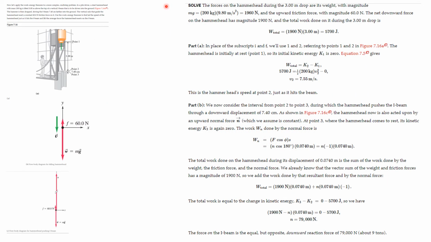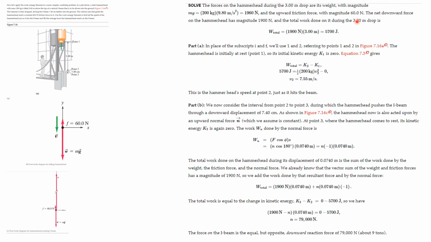Forces on the hammerhead during its 3-meter drop are its weight, which is m times g. So that is 200 kilograms times 9.8 meters per second squared, or 1960 newtons. But there is an upward frictional force retarding its motion, which has a magnitude of 60 newtons.